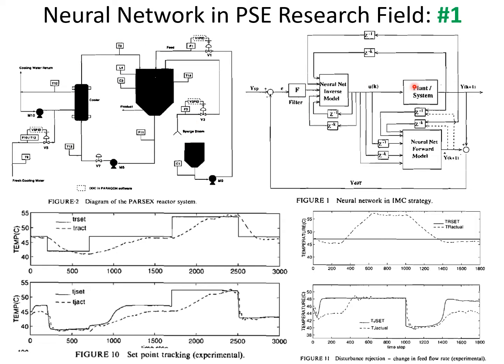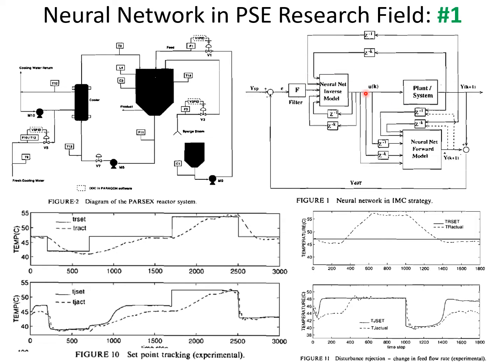This is the plant in the system, and we use the IMC, as we mentioned before in my previous class, using the neural network model and the neural network inverse model as the controller, with the filter to accommodate different strategies that you would like to implement in the system.